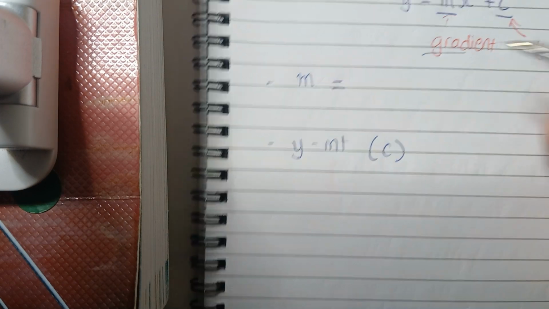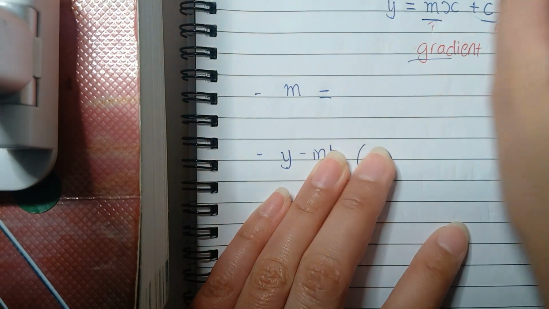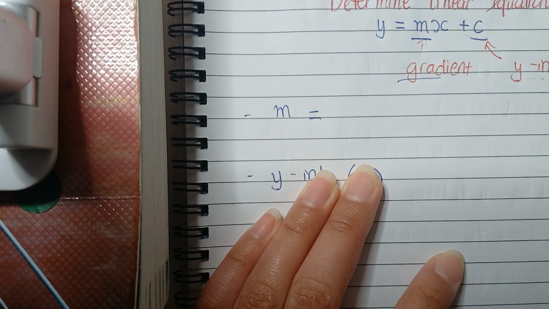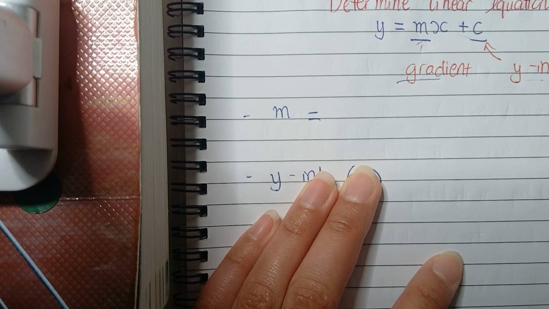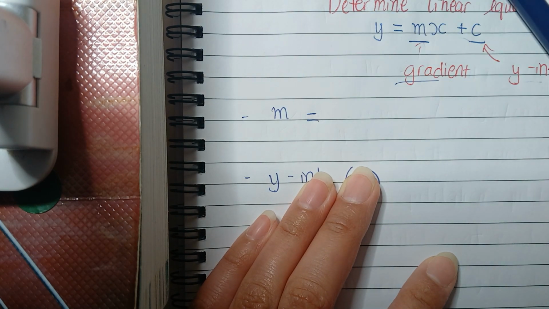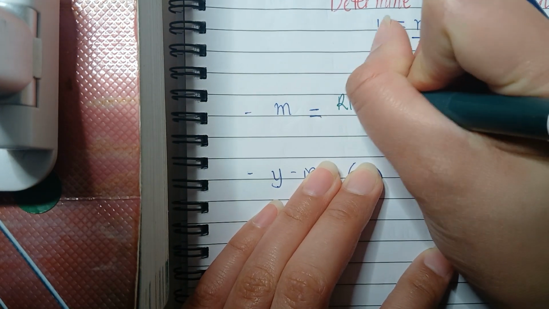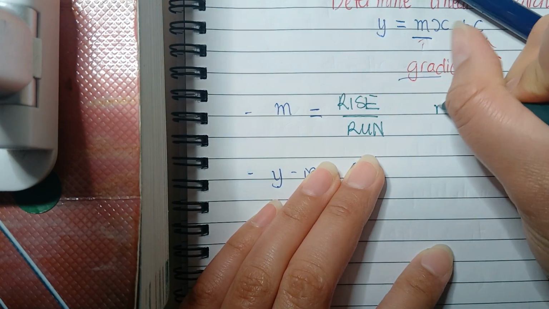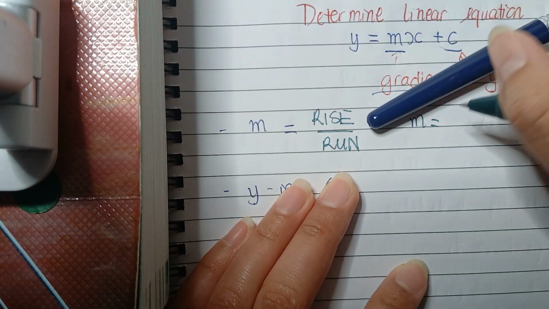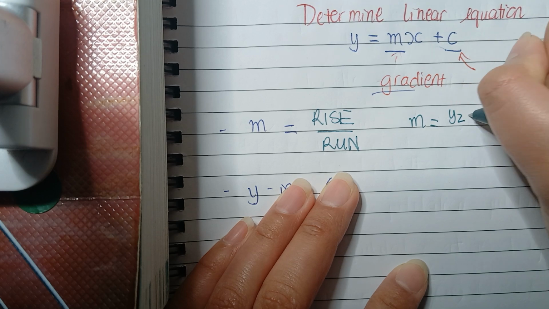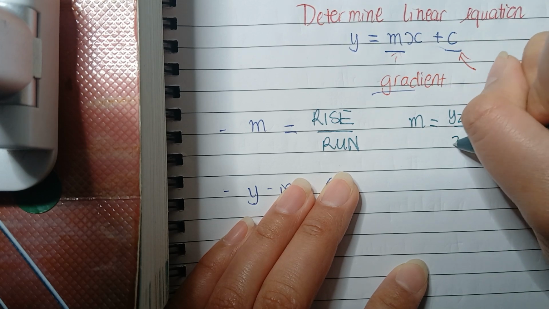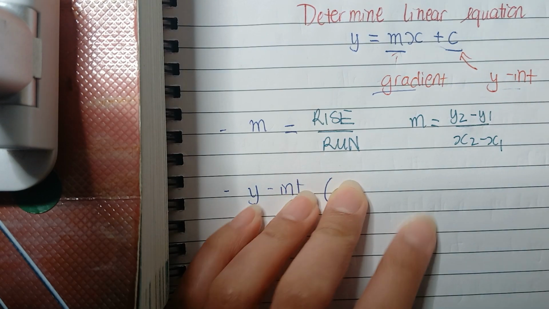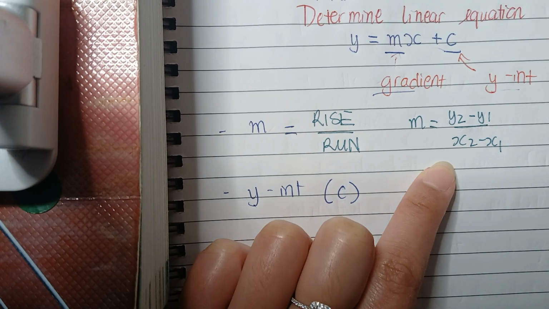We already learned that gradient is found in two ways. You can use m equal to rise over run, or m equal to the formula, y2 minus y1 over x2 minus x1. You use the formula when I give you 2 points.